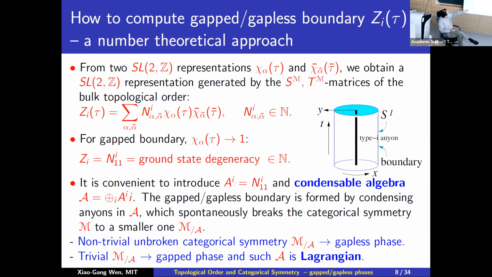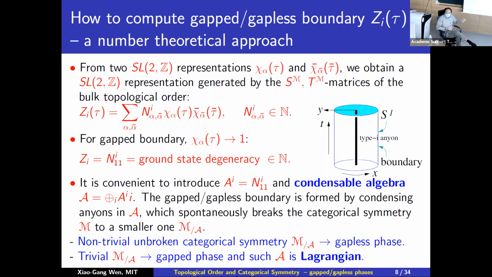Then whether the boundary is gapless or not depends on whether M/A is trivial or not. The boundary can be gapped only when M/A is trivial. If M/A is non-trivial, the boundary must be gapless. So that's another way to say that in order to get a gapped boundary, we should have enough condensation to completely break the categorical symmetry. If you do not completely break the categorical symmetry, the boundary must be gapless. In recent years, there has been a lot of discussion of symmetry-protected gaplessness.